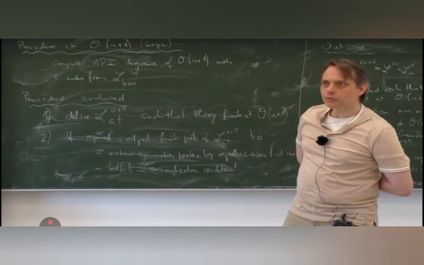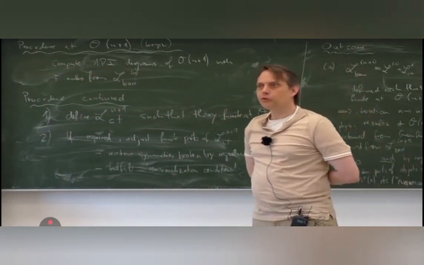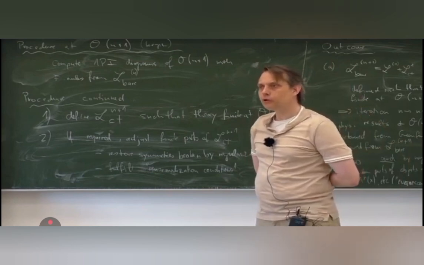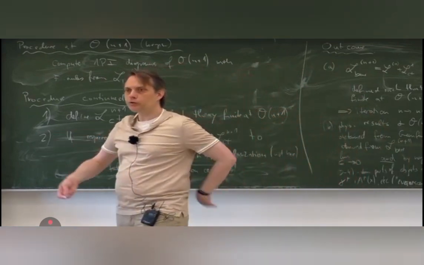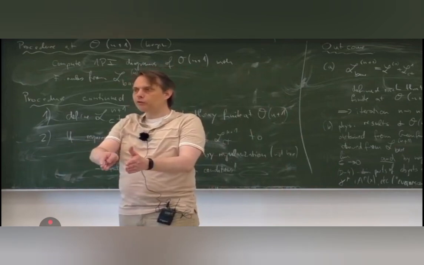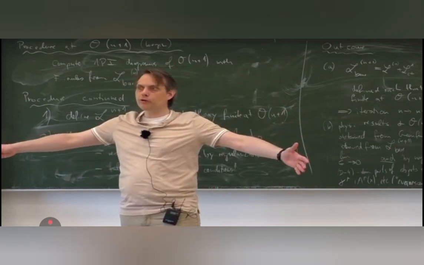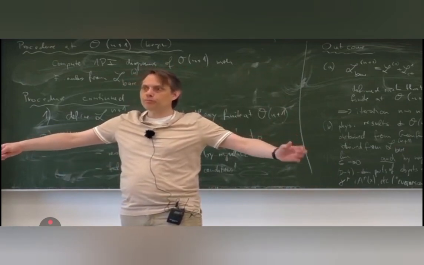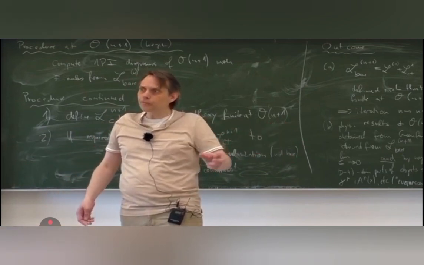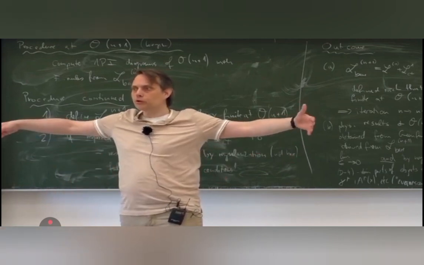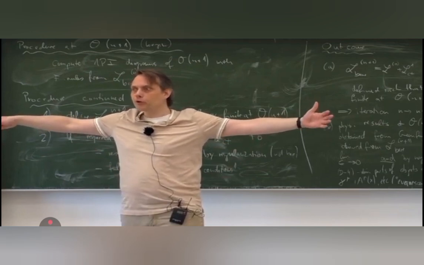For example, if you set up a space-time lattice, this is lattice field theory, then you replace space-time by a finite lattice where you have a finite lattice spacing and also a finite number of lattice points. So you have both an ultraviolet regularization because you have a minimum distance and also an infrared regularization because you have also a maximum distance.